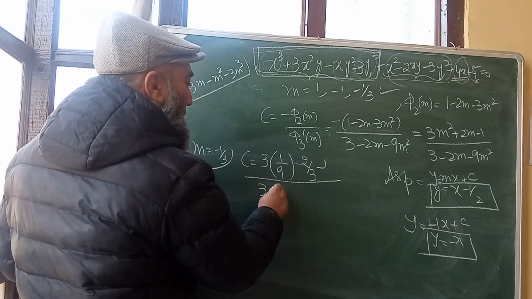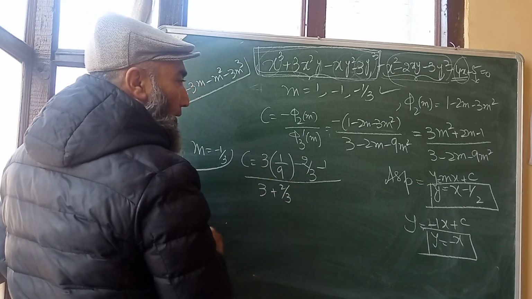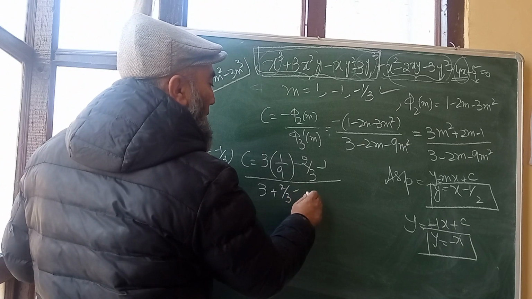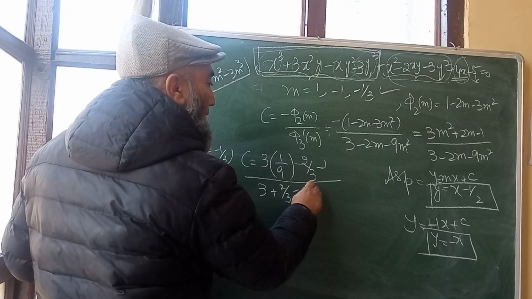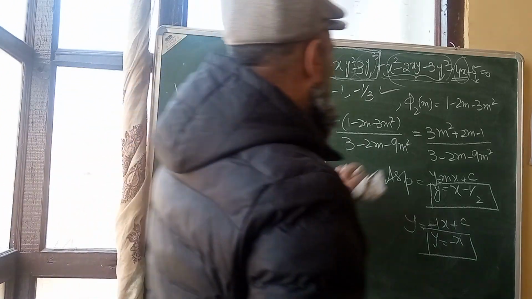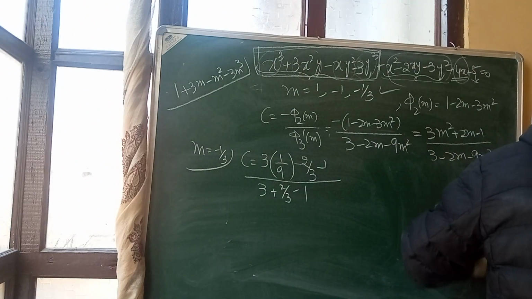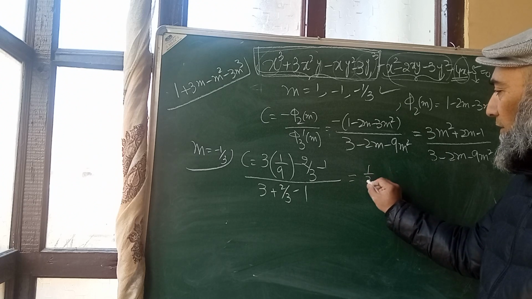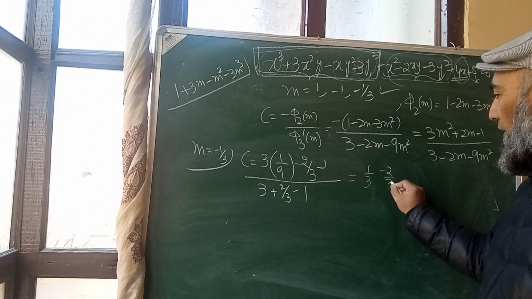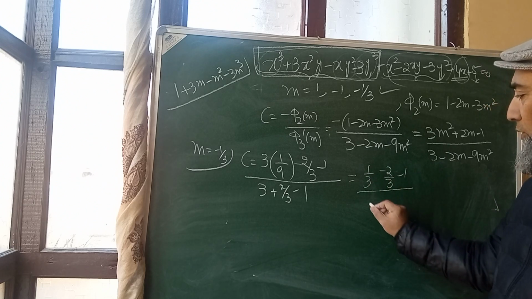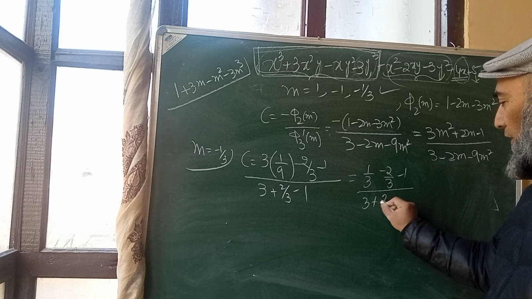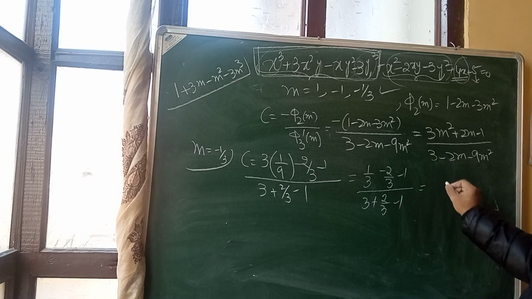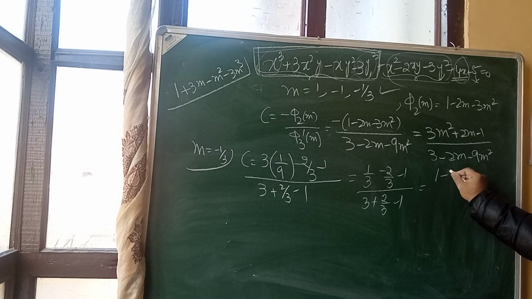Over 3 into 1 by 9, plus 2 by 3, minus 9 into 1 by 27, it is minus 1 by 3. So it is 1 by 3 minus 2 by 3 minus 1; LCM 3, 1 minus 2 minus 3 upon 3.